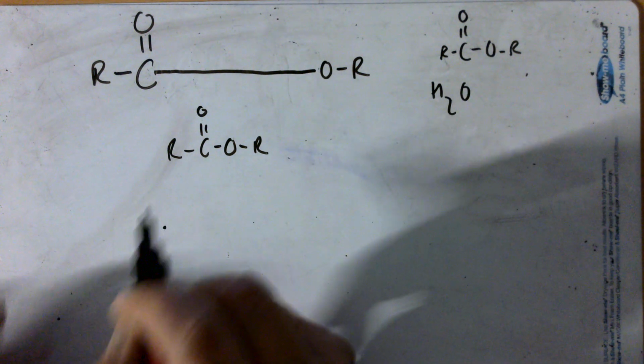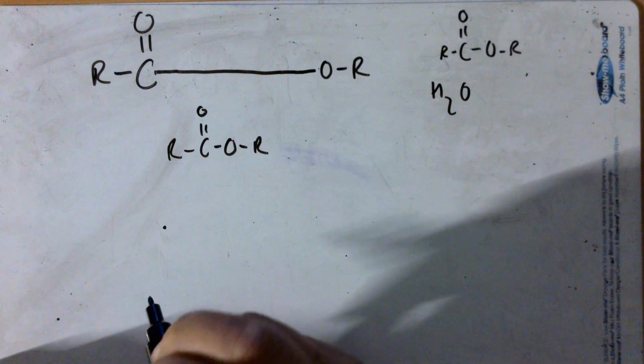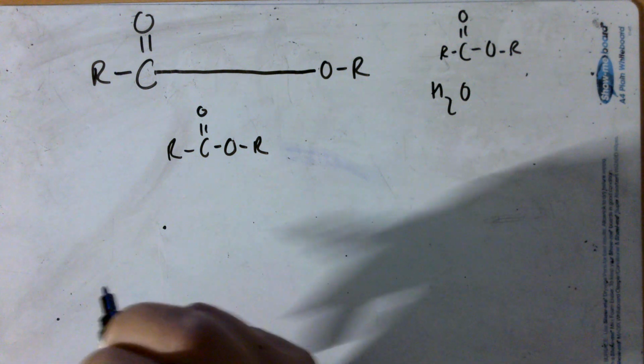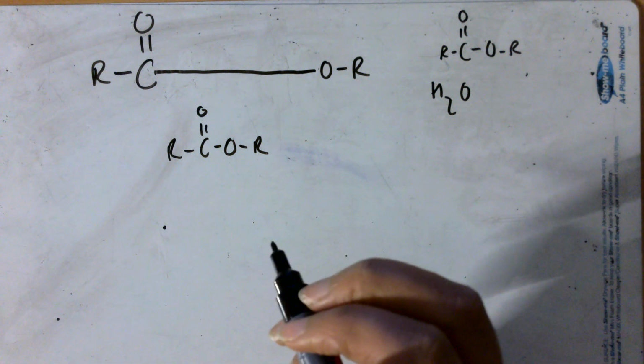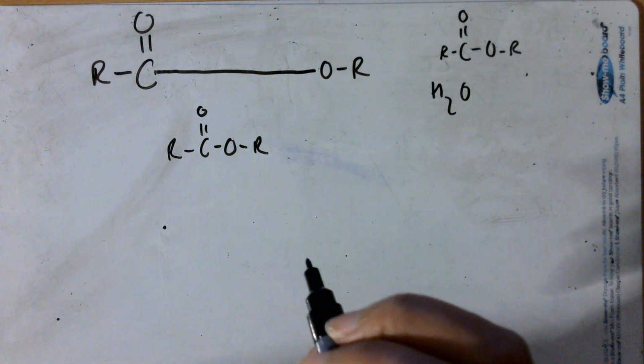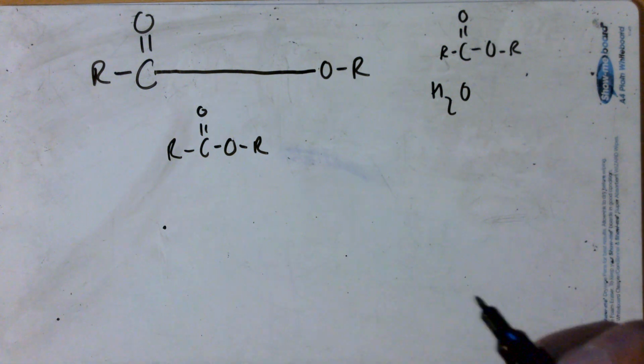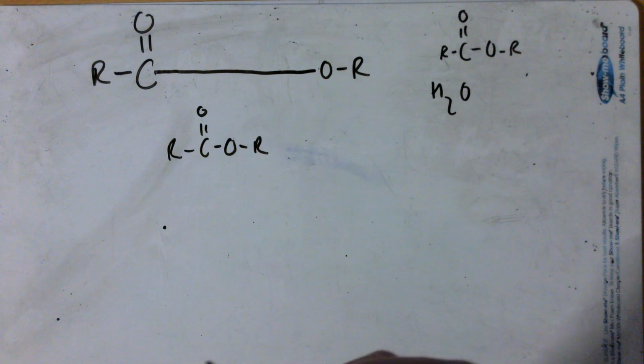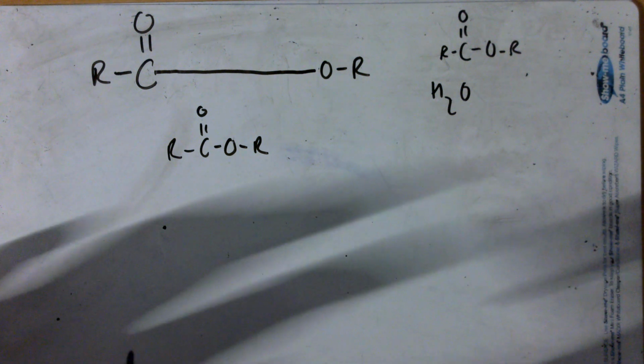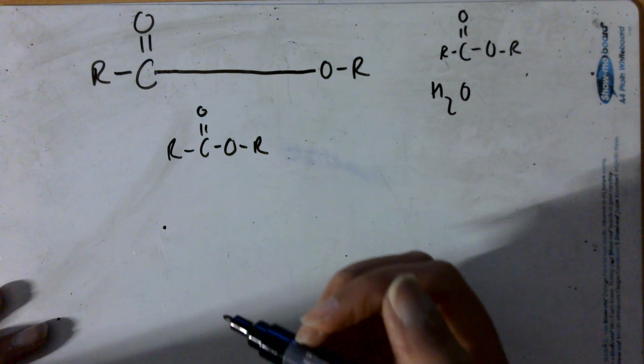And that's called a condensation reaction, and it's esterification. This reaction is a reversible reaction, and it does require an acid catalyst, or a strong acid, such as concentrated sulfuric acid, in order for that backwards reaction to take place.